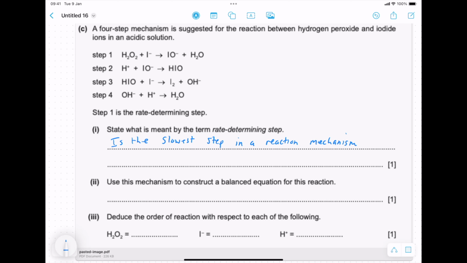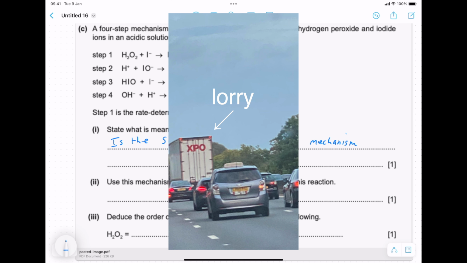The analogy is, imagine you are on a carriageway driving in a car, and in front of the cars there is a large lorry which is moving at a slow speed. It doesn't matter how quickly you move up to the back of that lorry or how slowly you drive behind it.